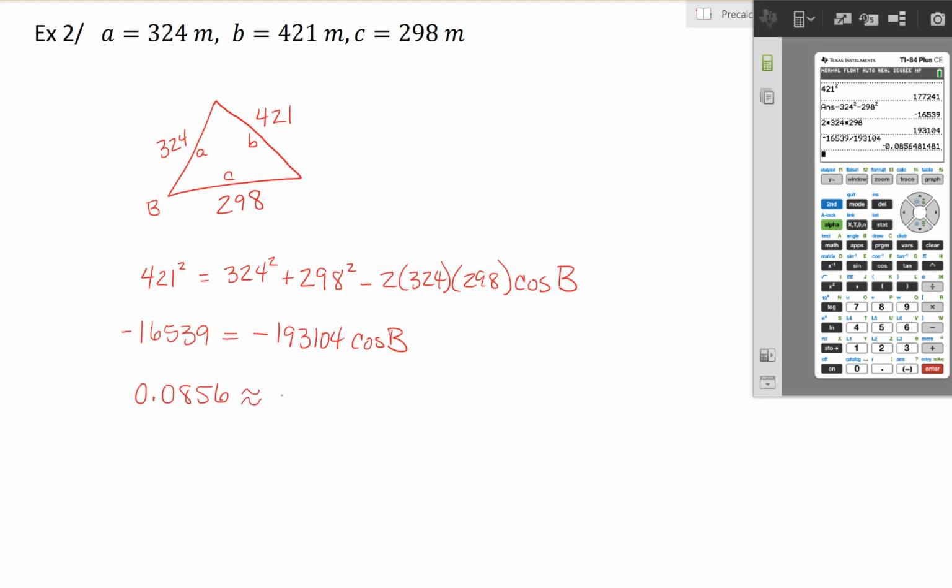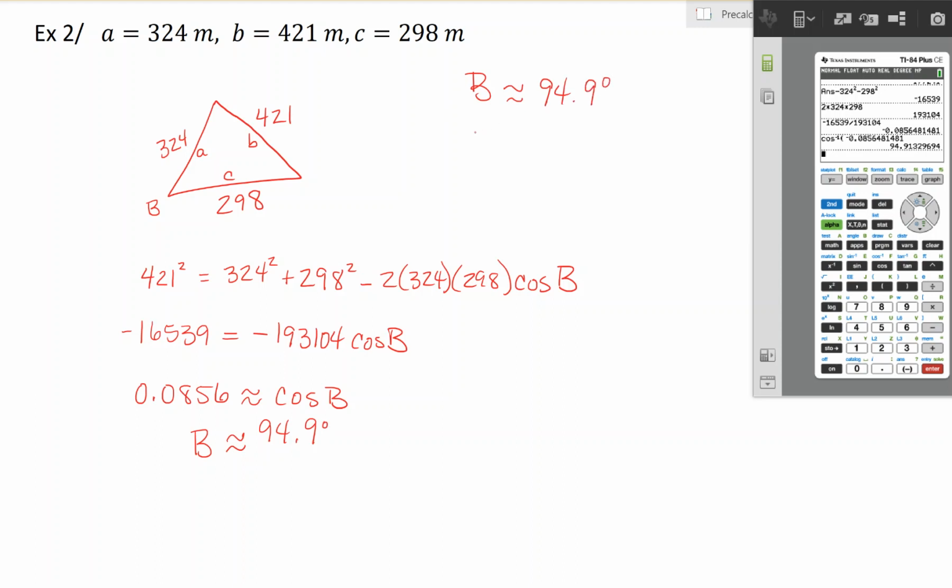We'll say that is approximately the cosine of B. Then I can take my inverse cosine of that number, and I get a B of approximately 94.9 degrees.